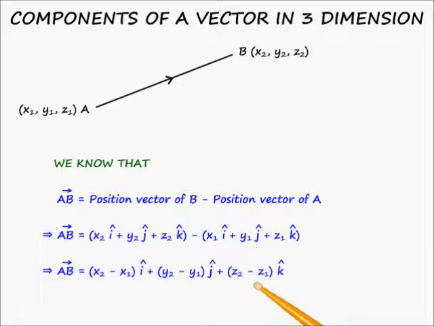Thus the components of vector AB are (x2 minus x1) i cap, (y2 minus y1) j cap, and (z2 minus z1) k cap, because the sum of these three vectors is vector AB.